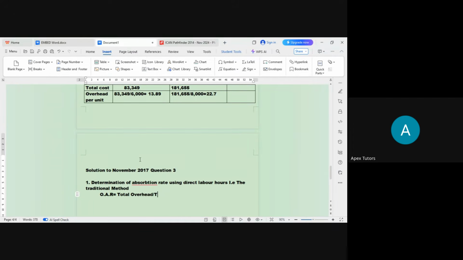I said divide by activity, or total labor hours or machine hours, depending on what the question is pointing you to do. So total labor hours. The total labor hours is a function of the two products.